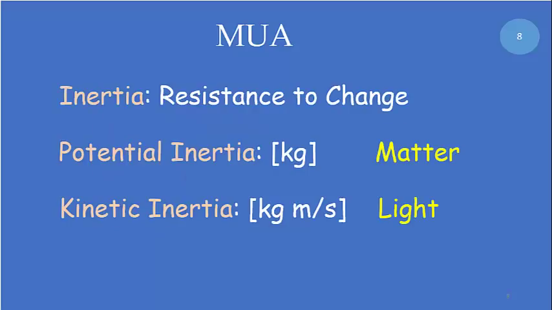Matter, when not in motion, can be thought of as pure potential inertia. And light, which is always in motion, until it bumps into an object, of course, can be thought of as pure kinetic inertia. In reality, though, due to the conjugate nature of light and matter, there is no such thing as pure potential inertia, and there's no such thing as pure kinetic inertia.